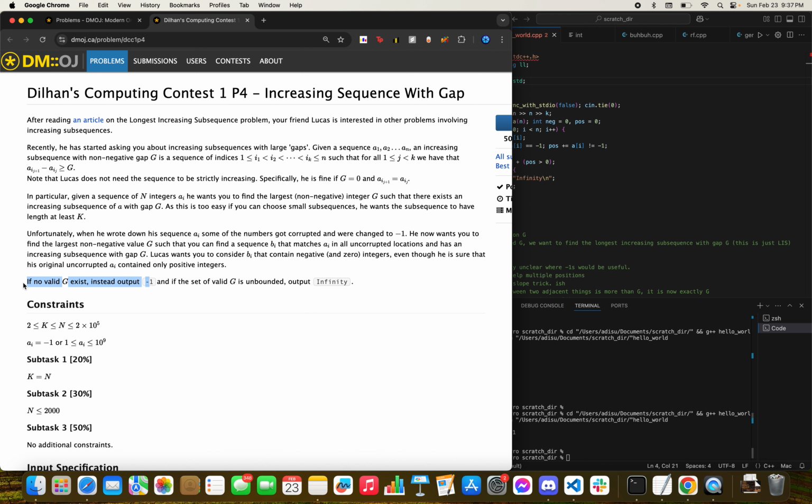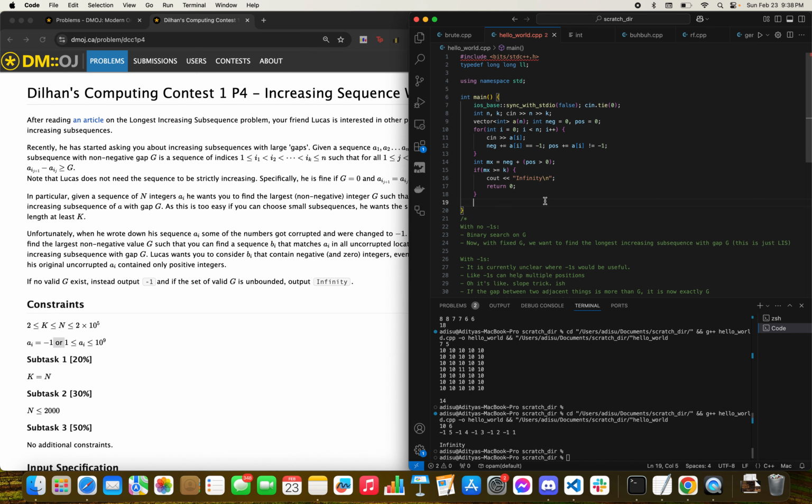Okay. So we're binary searching for a max, right? Okay, sure. And how big can they be? Up to 1e9. Yeah, sure. And I don't think the gap can ever be bigger than 1e9. Okay.